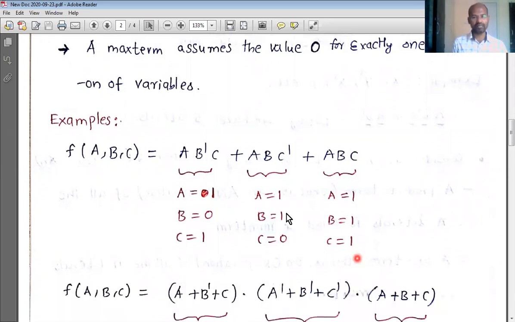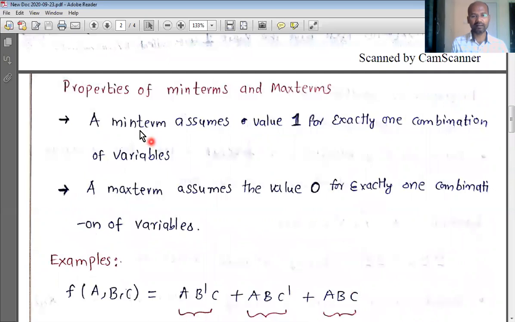So now let's read this again. A min term assumes a value 1 for exactly one combination of input variables. For the rest of the combinations, its value is 0. There exists only one combination out of 8 for a 3 variable function for which the min term will have value 1.